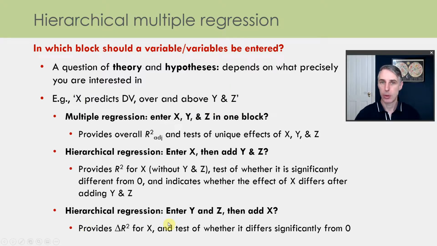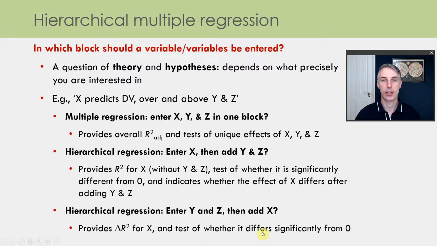So in that case, what they might do is instead specify all the other predictors to go in first, or in a series of steps if you like, and then in a final step add in identification. So not entering X or identification in first, but actually entering it last by itself in the final block. And what that will give you is a change in R-squared value for X over and above the other predictors. So how much additional variance in the outcome is explained or attributable to X or identification.